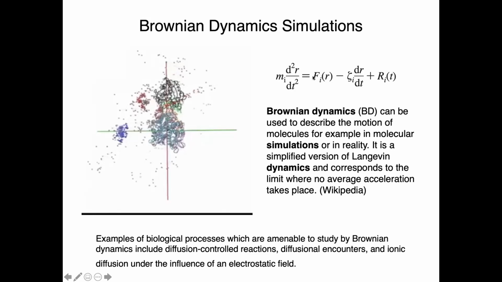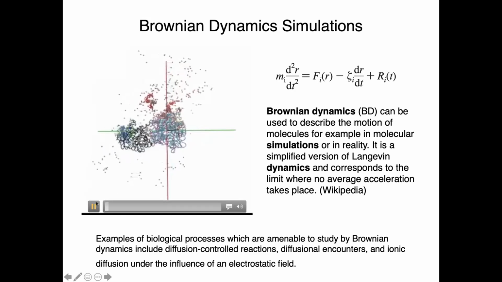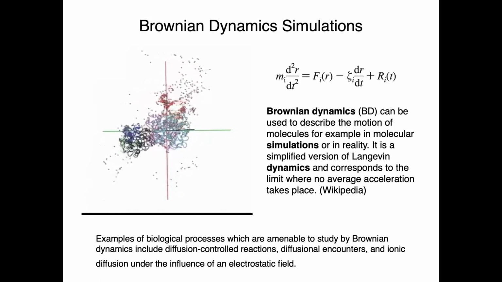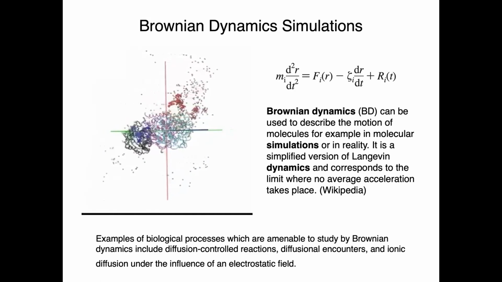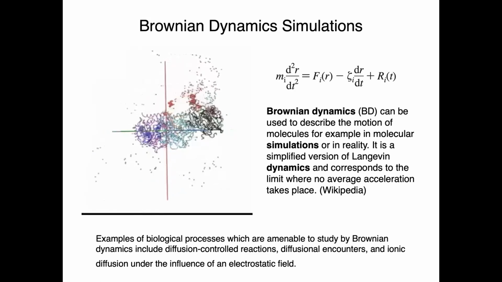So it says that that is equal to the force that's in the system, plus there's some drag on the system, right? So that's a friction. And then there's also a random component, this R(t) here. And that allows you to then generate these kinds of trajectories that describe how two systems might associate with each other.